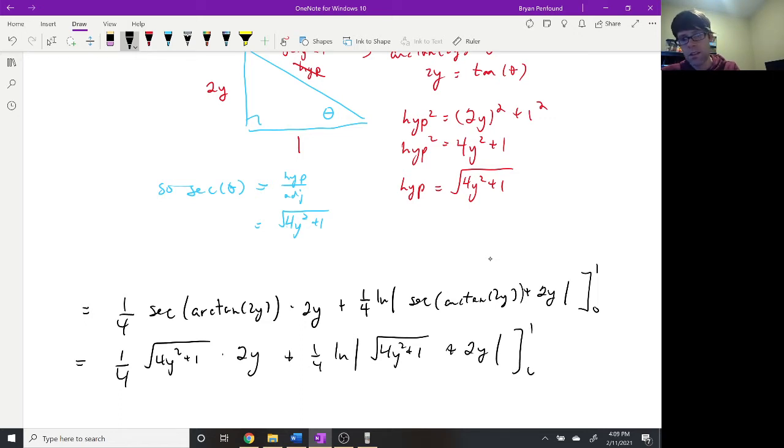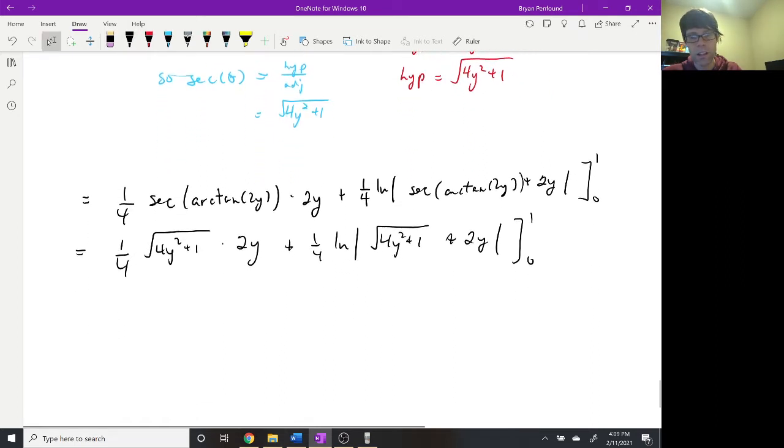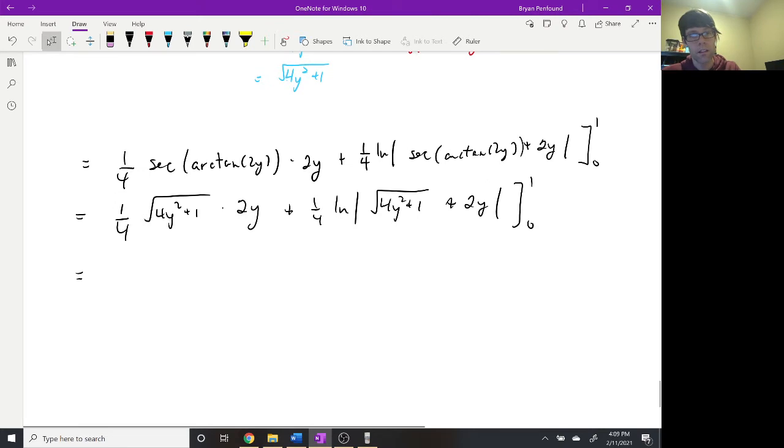It still looks kind of nasty, a gross expression. But hopefully subbing in the value of 0 will clean this expression up a little bit. The idea is to sub in y equals 1, figure out what that number is in exact form, sub in y equals 0, figure out what that number is in exact form, and then find the difference of the endpoints.